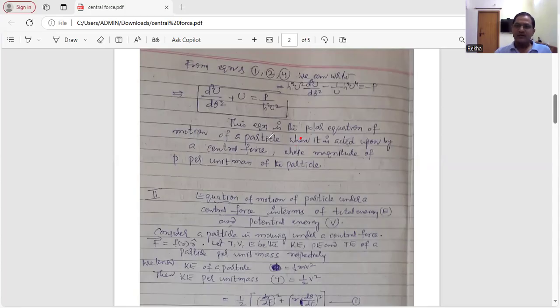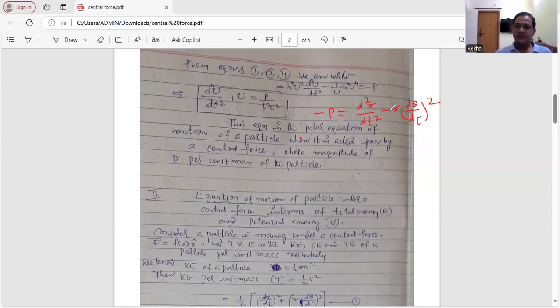We have the radial acceleration: minus p is equal to d square r by dt square minus r (d theta by dt) whole square. We got the expressions for d square r by dt square and d theta by dt whole square.